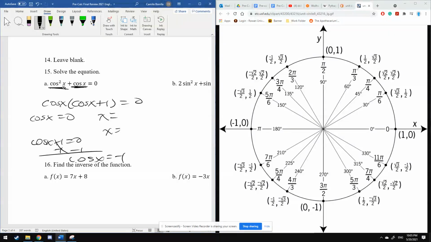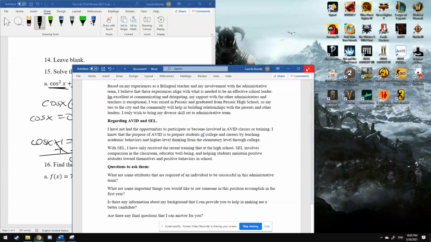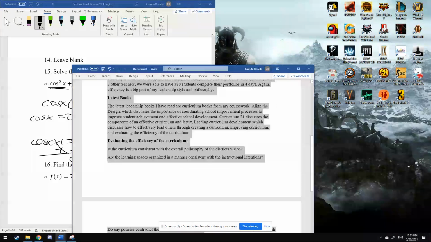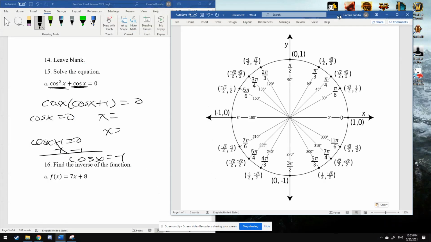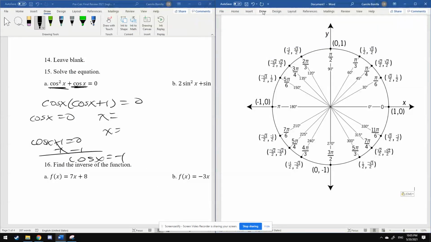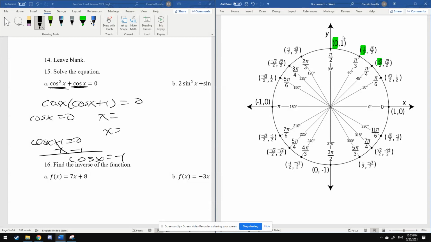Cosine are the, actually let me take this, copy image, move this out of the way. And Control V. There we go. Draw on this one now. Okay. Cosine are the x values.